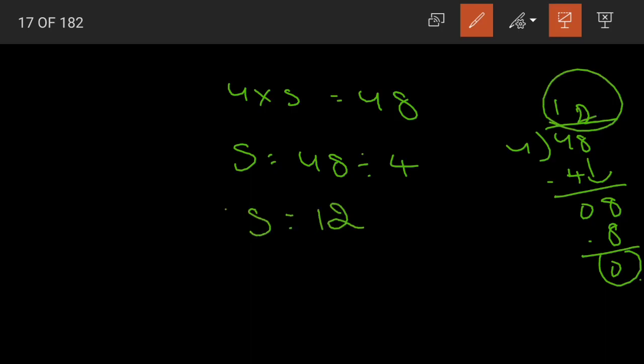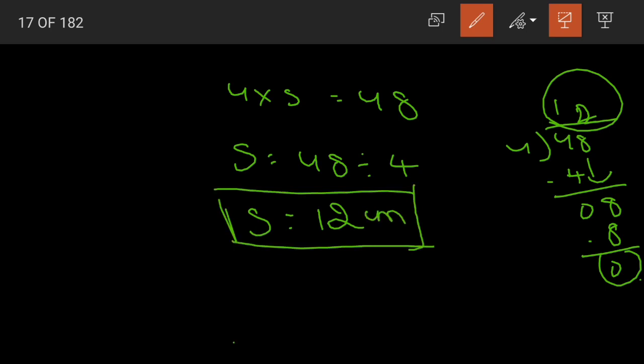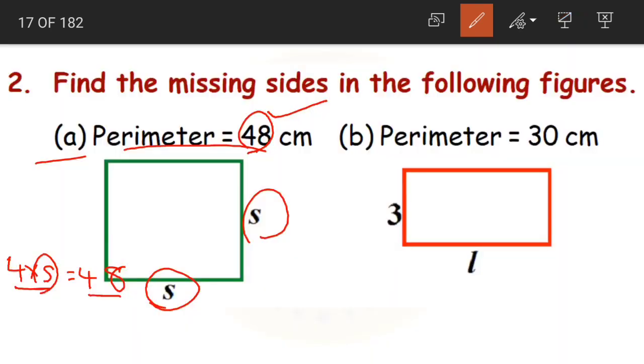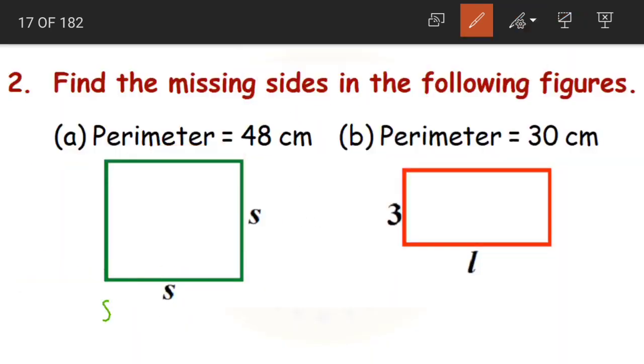So S, the value of one side, is equal to 12 centimeters. Is this clear, children? 4 sides are equal to 48. Then how much is one side equal to? 48 divided by 4, that is 12 centimeters. So the value of S is 12 centimeters.